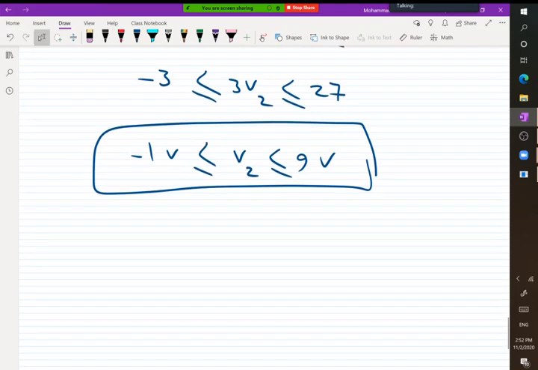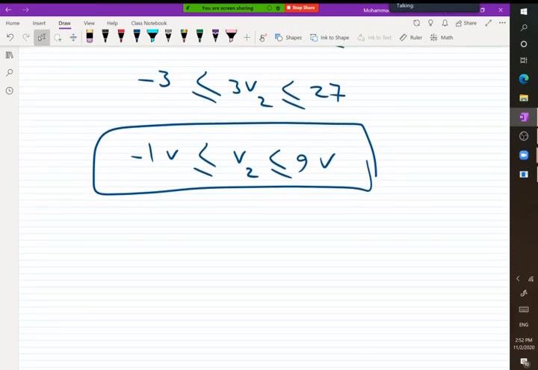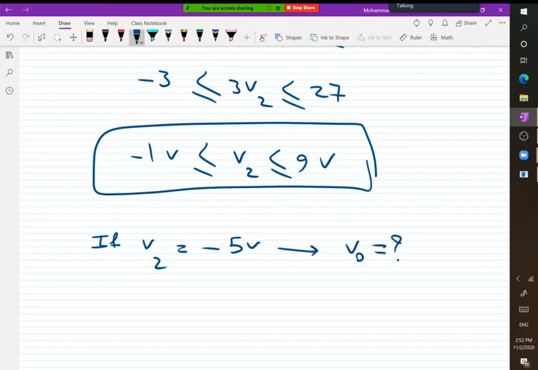I have two quick questions for you. If V2 is equal to negative 5 volt, what is VO? If V2 is equal to 10 volt, what is VO? Let's call it VO1, VO2. All of you just tell me in the private chat what is VO1 and VO2.